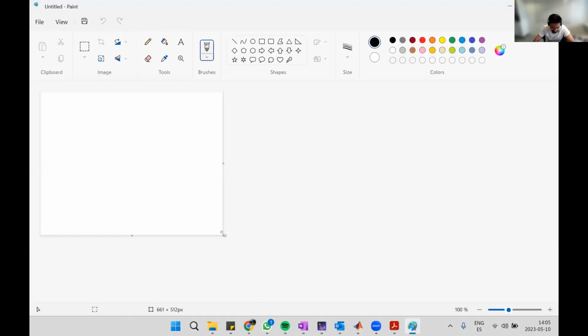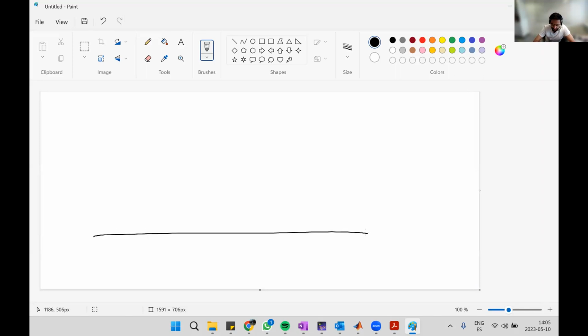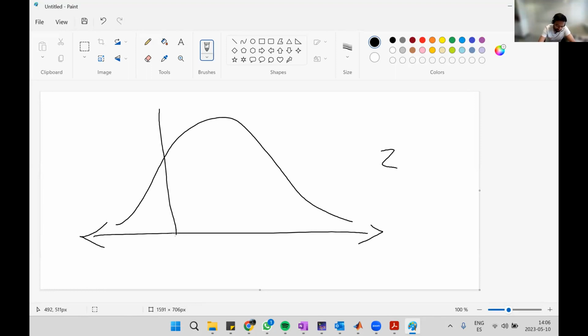If I just quickly show you how the discretization happens, it will be good. So imagine this is the x-axis. Imagine this is the distribution of Z. This is the productivity distribution. And I'm dividing this distribution into 4 different levels. So this is my Z1, Z2, Z3, Z4.